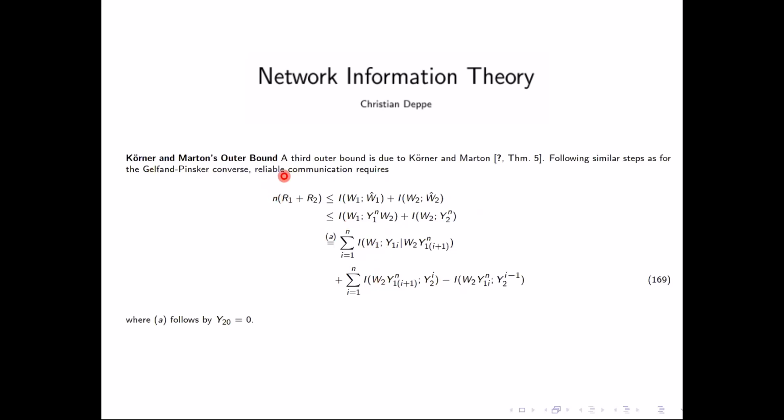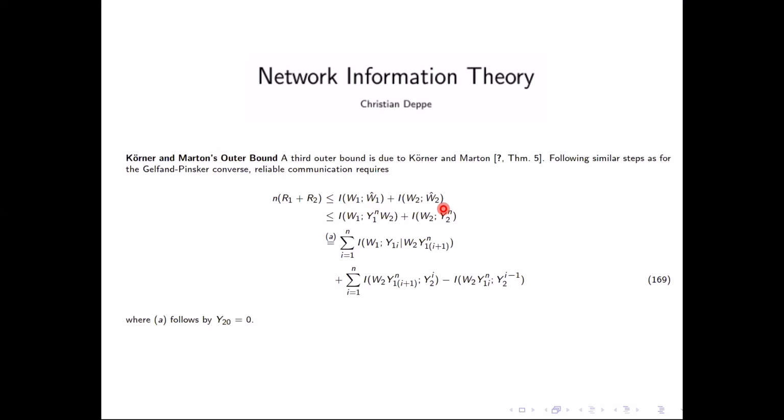For R1 and R2, the proof is exactly the same as in the Gelfand-Pinsker case. Therefore, we do the more general case, when we look at n times R1 plus R2. Then, using Fano's inequality, we get, in the same way as for Gelfand-Pinsker, the mutual information between W1 and W1 hat plus the mutual information between W2 and W2 hat.